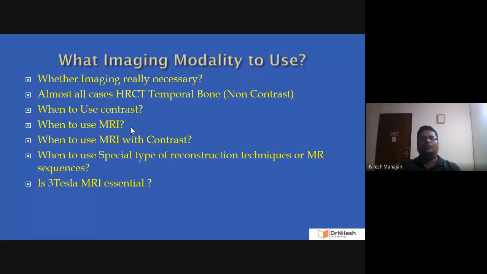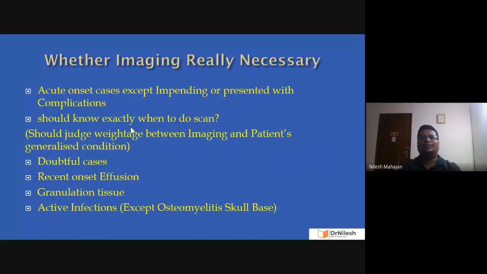Then you should know when to do MRI and when to do MRI with contrast, and when to use special types of reconstruction techniques or MR sequences. And then the Tesla of the MRI, whether it should be 1.5 or you specifically want 3 Tesla, whether it is essential or not. So we'll see whether imaging is really necessary or not.